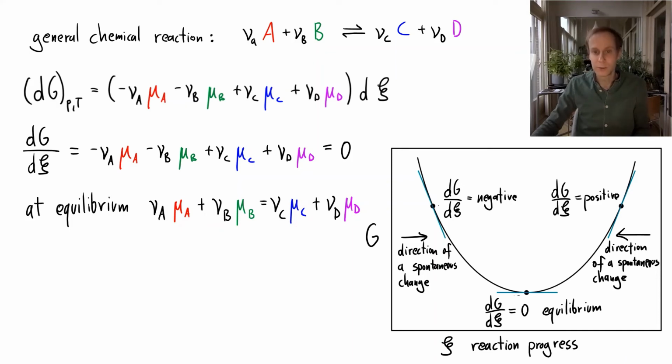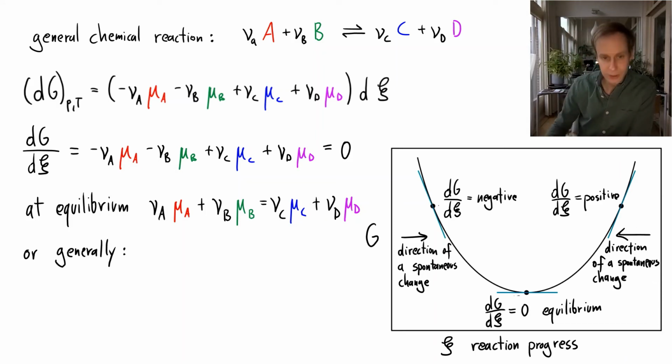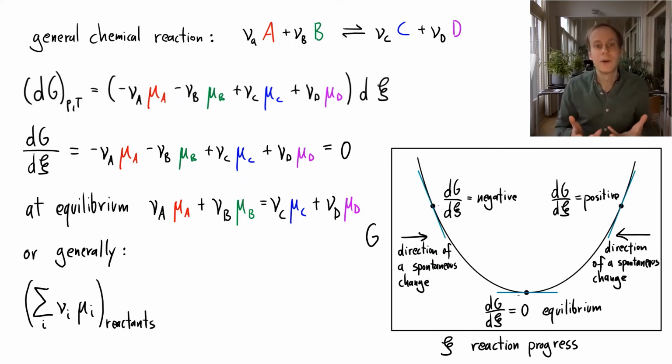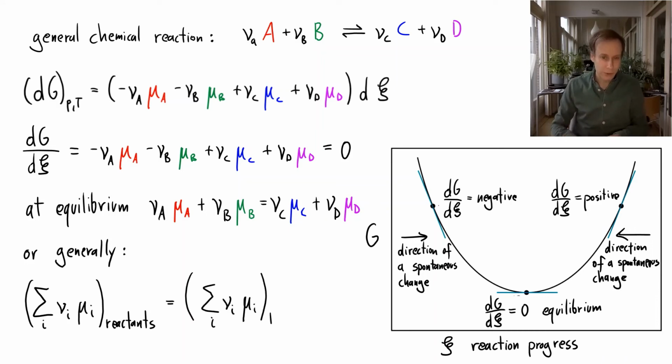Then those two expressions must be the same. Important insight: generally we can write that the sum of the products of the stoichiometric coefficients and the chemical potentials of the reactants must equal the sum of the same multiplication of stoichiometric coefficient and chemical potential for the products. That's a condition that applies at equilibrium.